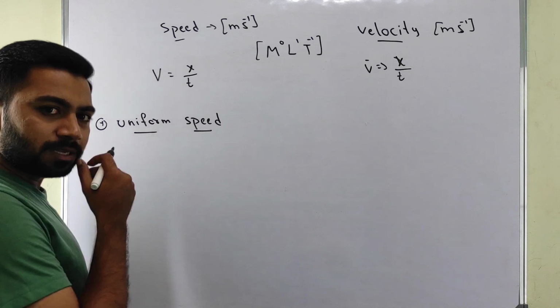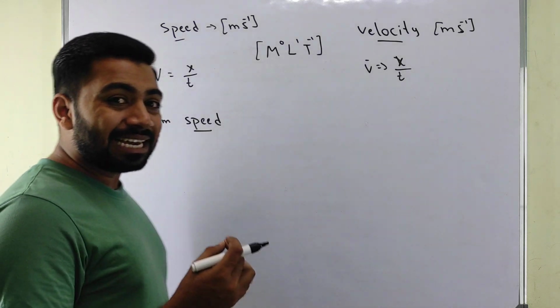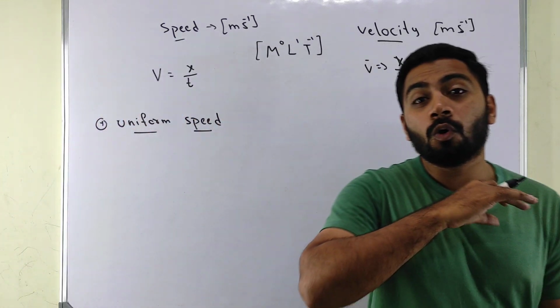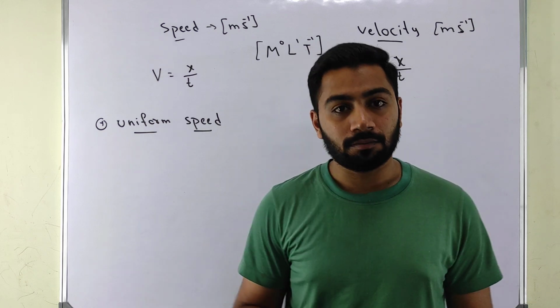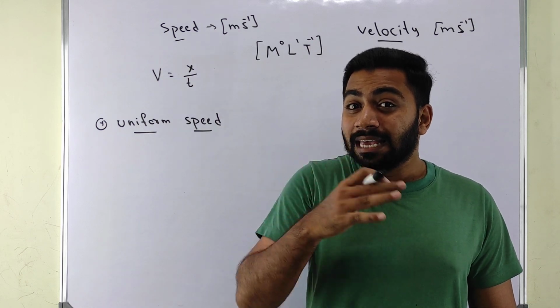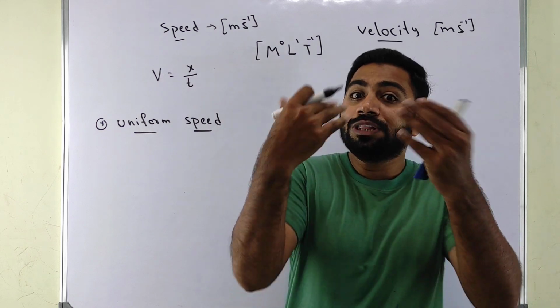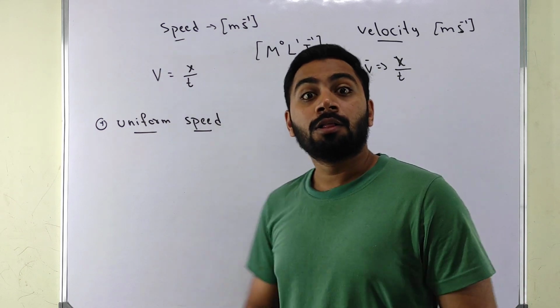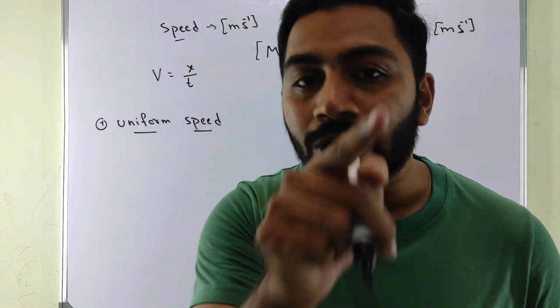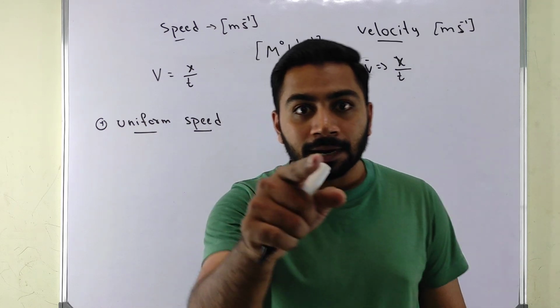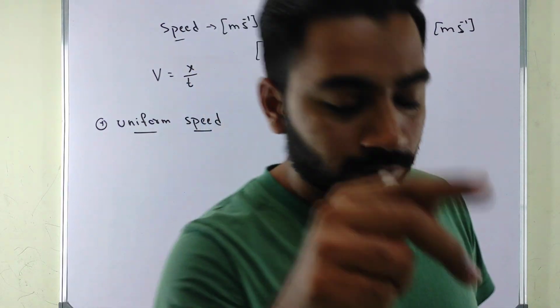So, uniform speed means a particle has the same speed overall. You can say constant speed. A particle covering equal distance in equal interval of time. Write it.